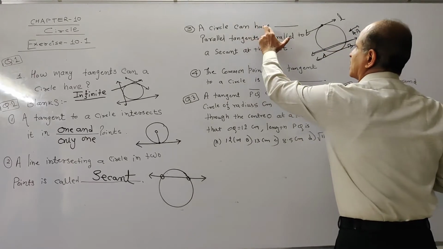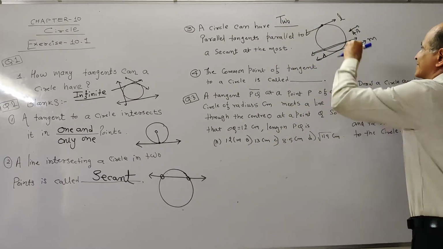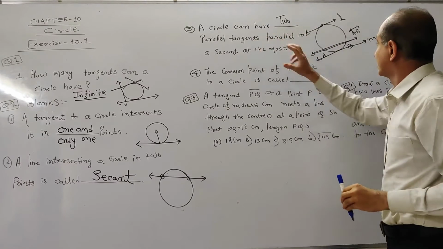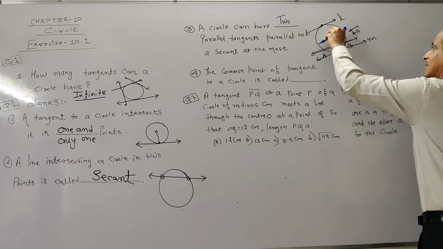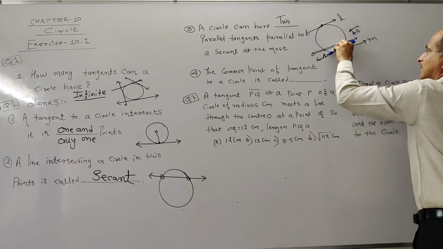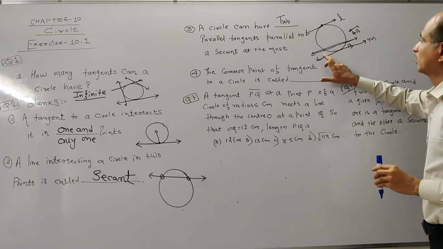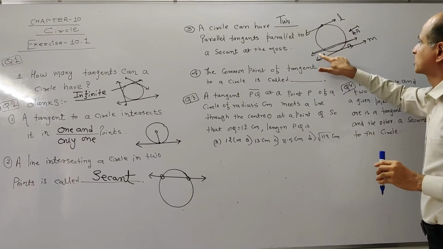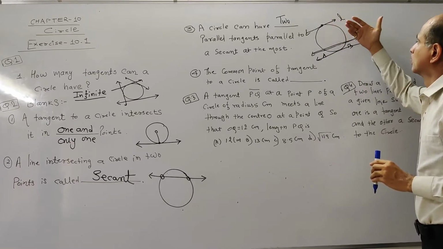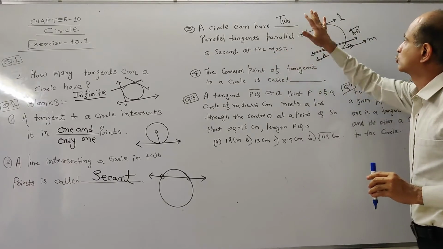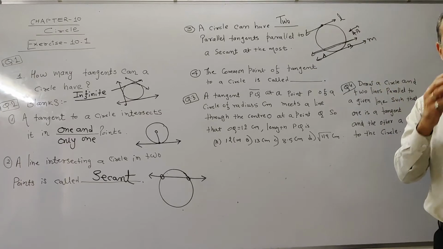So a circle can have two parallel tangents. You can draw many tangents, but parallel to a given secant, only two tangents can be drawn, because it should be parallel to the given secant. So at the most two tangents can be drawn which are parallel to the given secant.